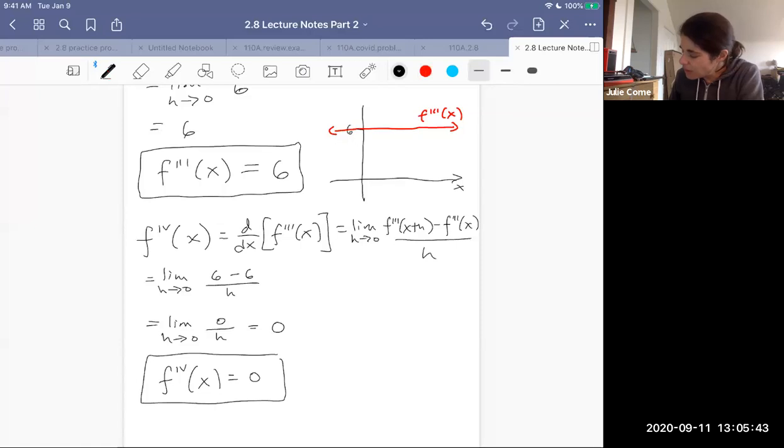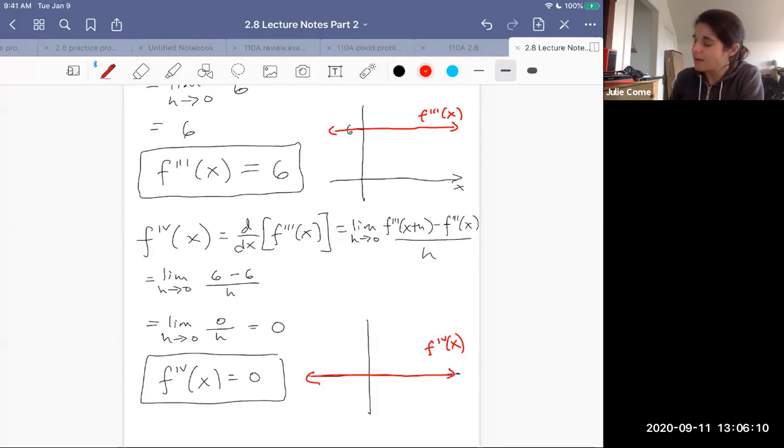So if I were looking at the graph of the fourth derivative of f of x, it's just going to be the horizontal line at 0. Essentially, at every place along f triple prime of x, the slope is 0. So the graph of the fourth derivative is just going to be the line y equals 0.